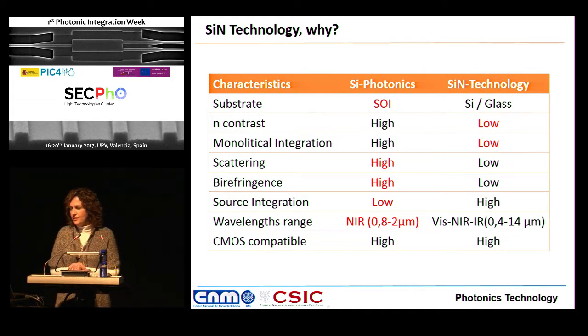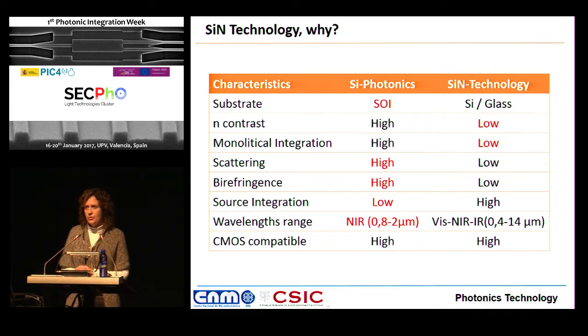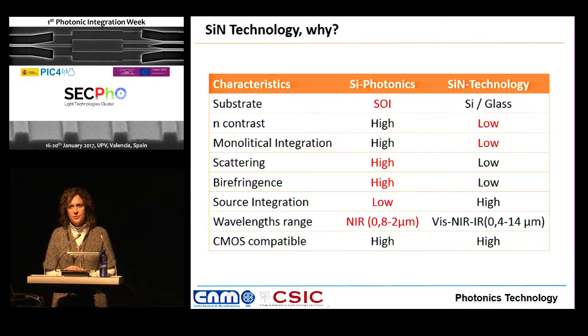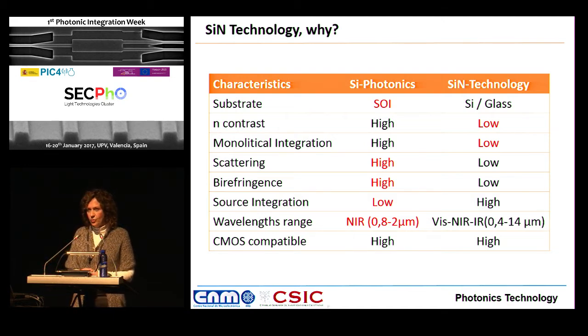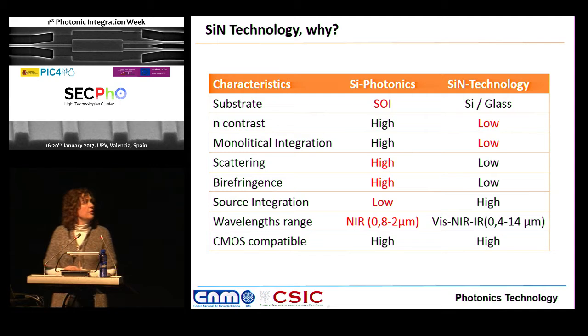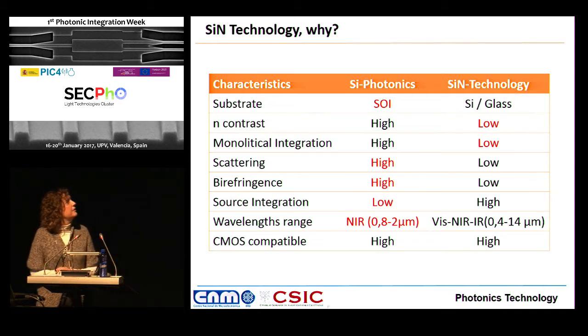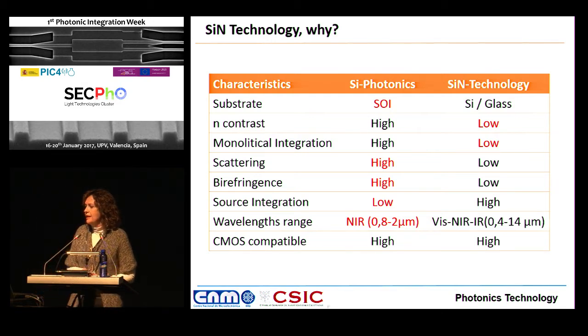The substrate of silicon photonic technology is based on silicon-on-insulator wafers, but in silicon-nitride technology, the substrates are based on silicon or glass wafers. Those wafers are cheaper and easier to work with. If we look at the contrast or the monolithic integration, silicon photonics has better characteristics than silicon-nitride technology.